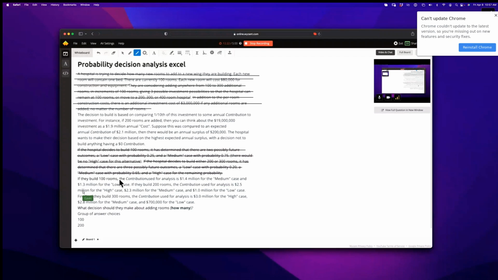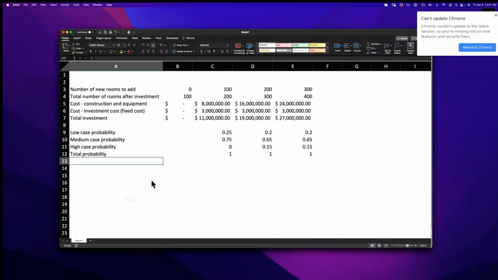If they build 100 rooms, the contribution used for analysis is 1.4 million for the medium case. So the contributions, all right, we'll have low case, medium case, and high case.